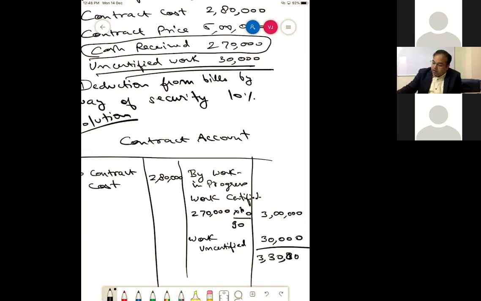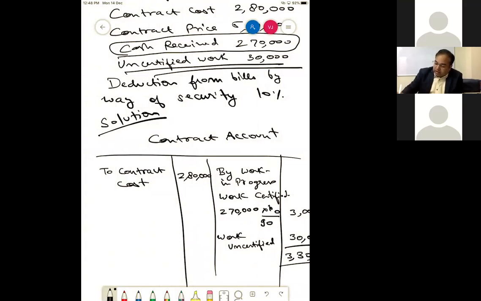If you are not able to understand today, don't worry, just see it for today, then you will be catching it up after 2-3 days. Then we take the balance down, or difference between 330 and 280. The difference is your 50,000.